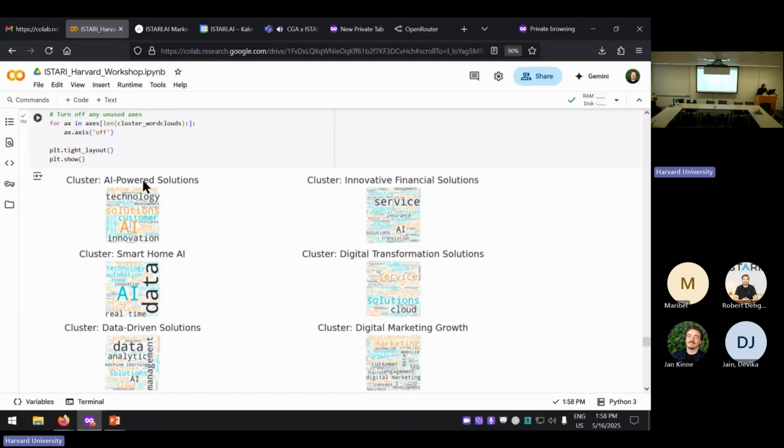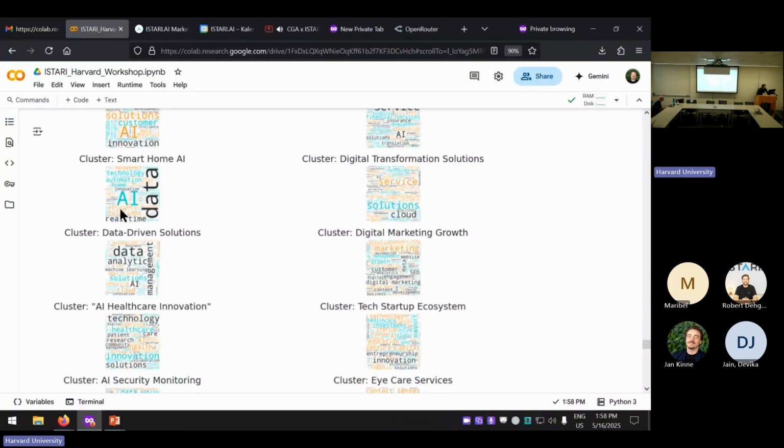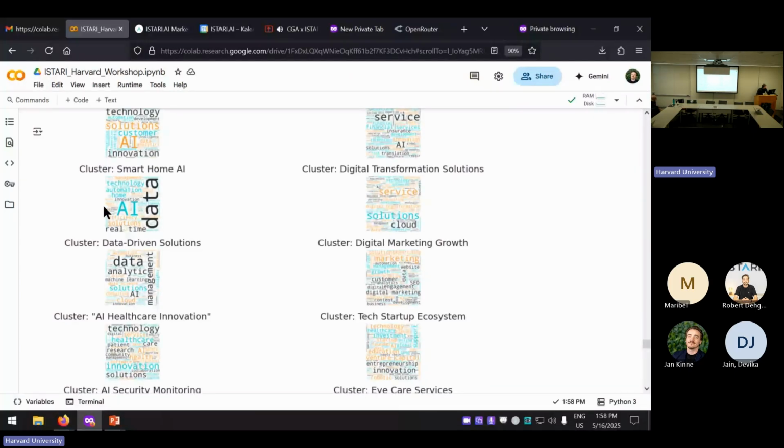So basically, let's have a look at which one is interesting. For example, here, the smart home AI stuff, there it's about AI and data, makes sense. Then we have home, technology, automation, real-time efficiency, smart home, right?